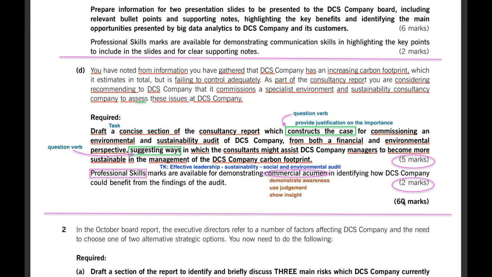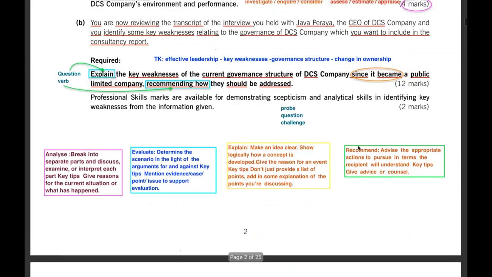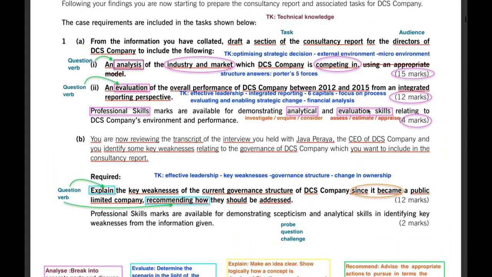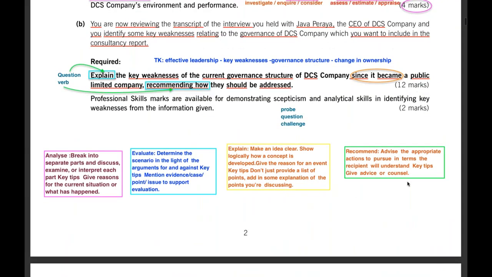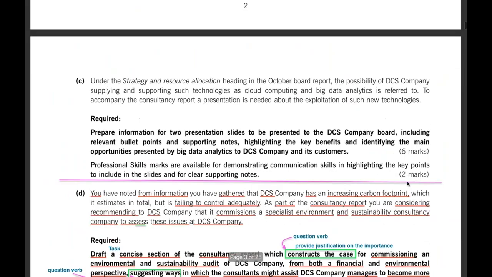Question 1 alone carries the mark of 60, but don't be afraid of this particular 60 marks. If you notice, all these questions are broken down into small pieces, small marks, and in terms of the number of marks, they are manageable.